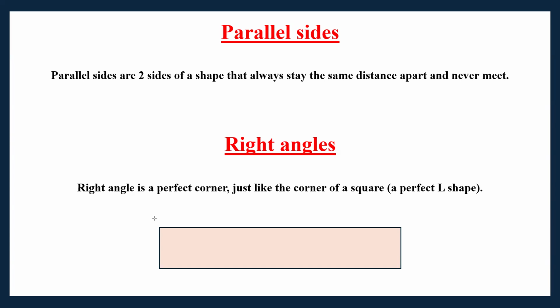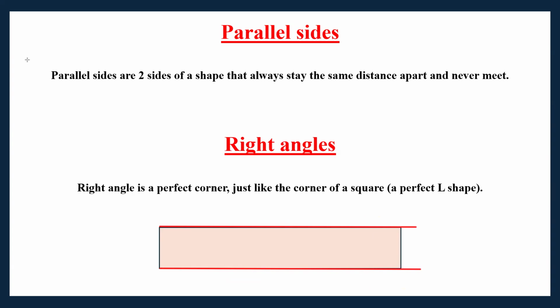I'm just going to demonstrate what's meant by parallel sides. If you look at the top side, so I'm going to draw a line here, and the bottom side right here, I'm going to try and make sure it's very straight. Okay, if you look at those two sides, it doesn't matter for how long we stretch those sides out.